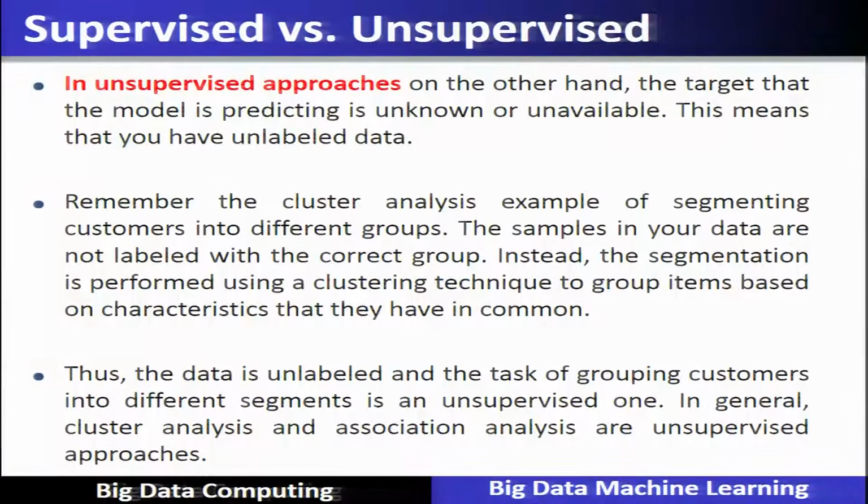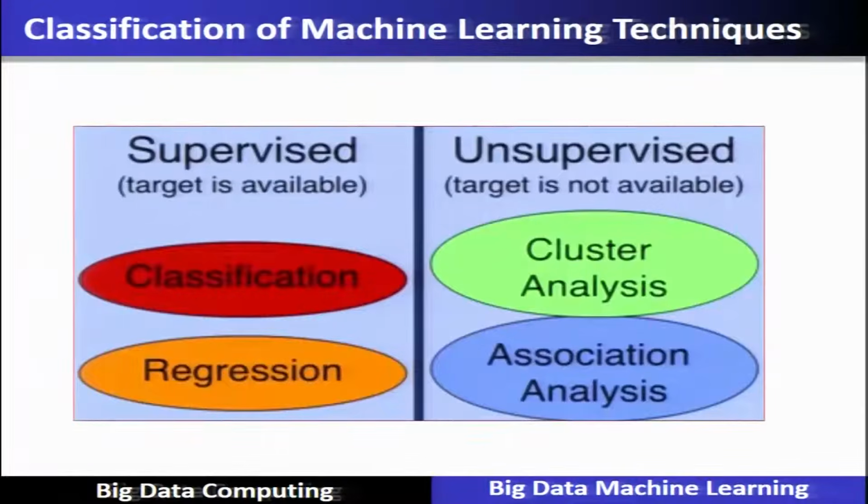Instead, the segmentation is performed using clustering techniques to group items based on similarities, or the characteristics that they have in common. Thus, the data is unlabeled, and the task of grouping customers into different segments is called unsupervised. In general, cluster analysis and association analysis are unsupervised approaches.